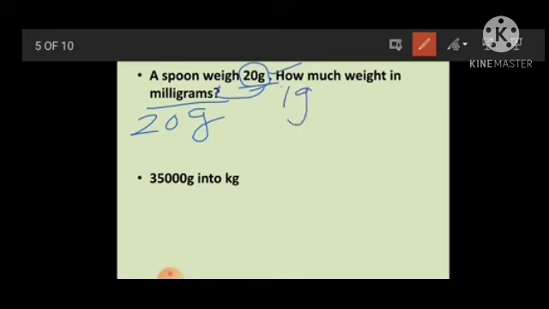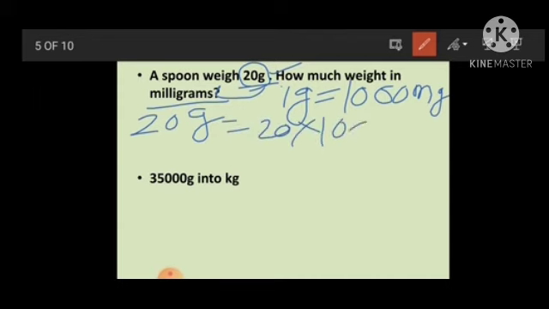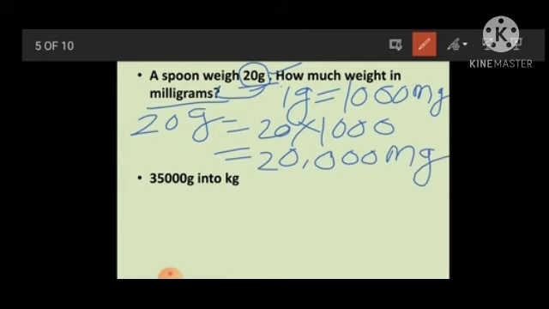So 1 gram is how many milligram? 1000 milligram. So 20 gram is equal to 20 multiplied by 1000. So 20,000 milligram. Do you understand?